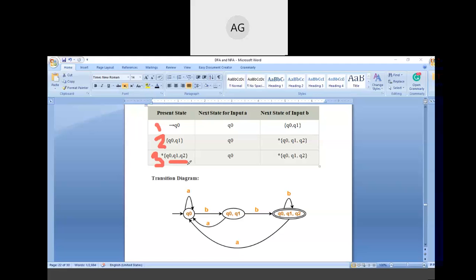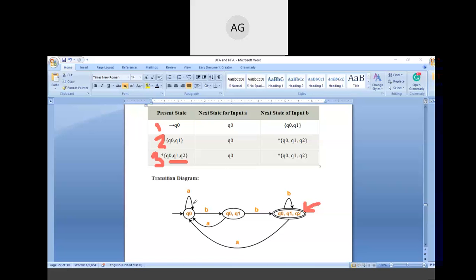Because in the NFA only Q2 is the final state. So whenever Q2 is present, the state of the DFA will become a final state. Q2 is present in this third state with Q naught, Q1. So that's why it is the only final state. Whenever Q2 clubs with any of the states, that state will become a final state.